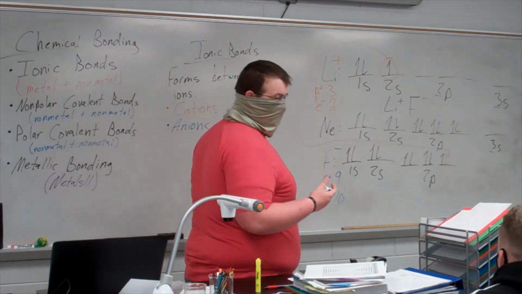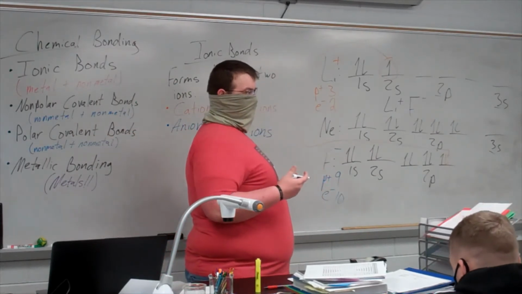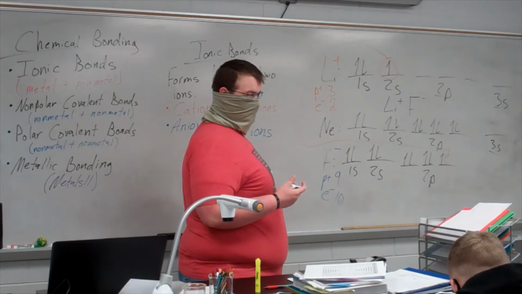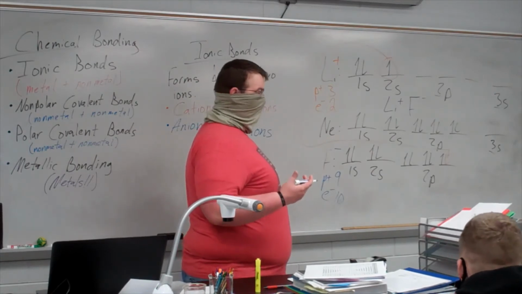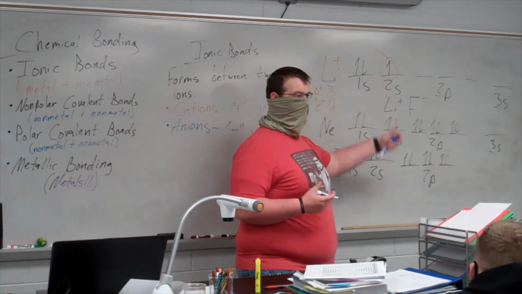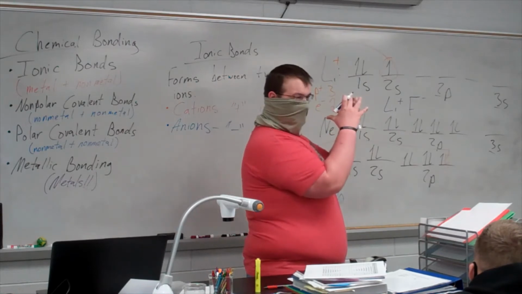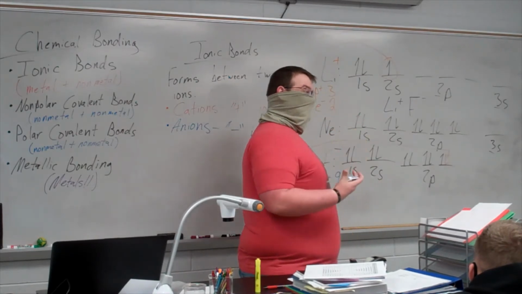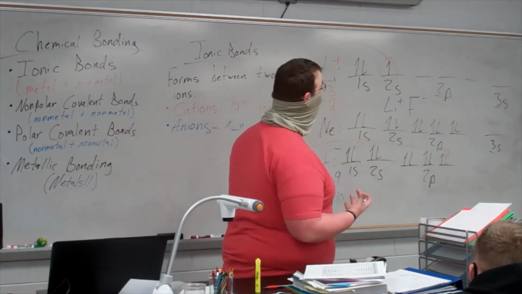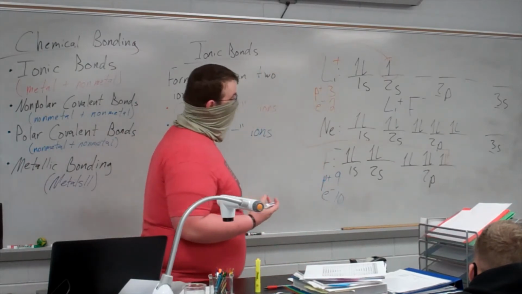To put that in simple terms, what does opposites do? They attract. I got a positive charge and a negative charge. So they're like, nyeh, and they bond together. This right here is what an ionic bond is.